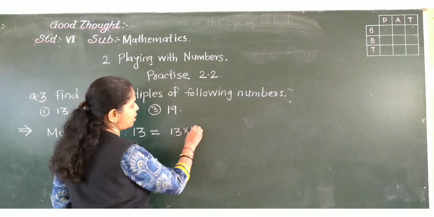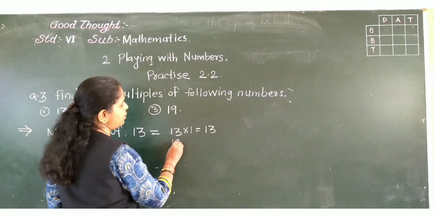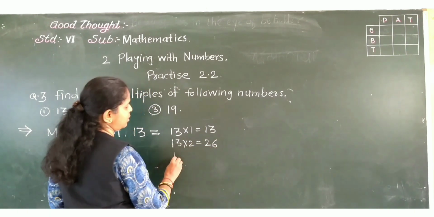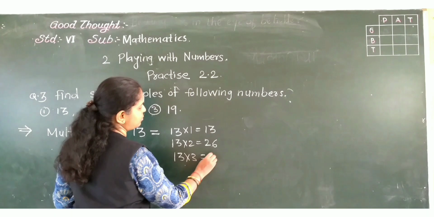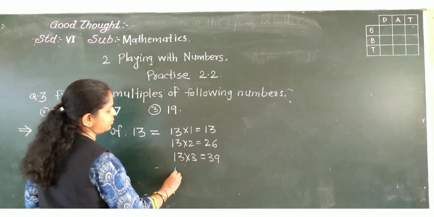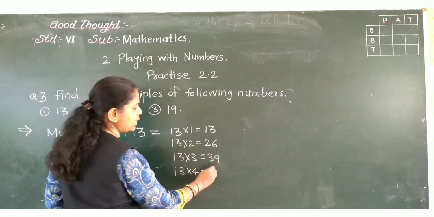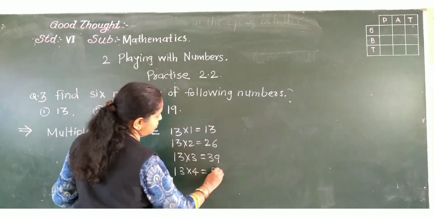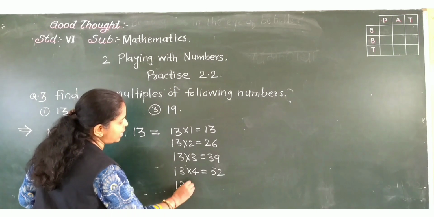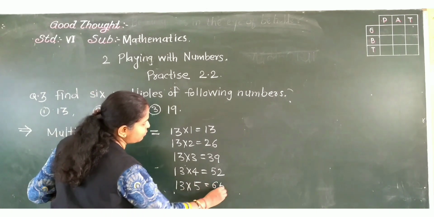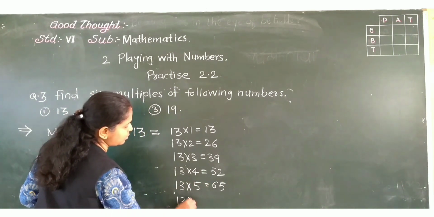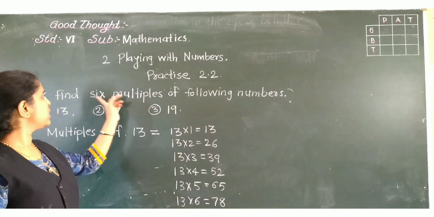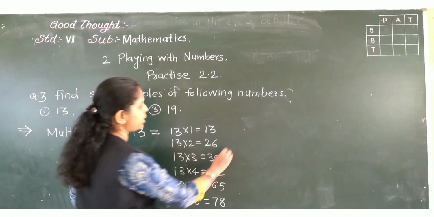Whatever. So see here, 13 ones are 13. Then 13 twos are 26. Then 13 multiplied by 3, 39. Whatever is easy for you, that you can do. 13 fives are 65. So any 6 they said, no? How to write them?